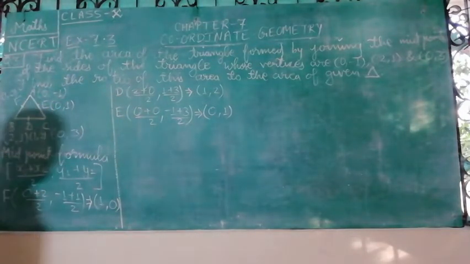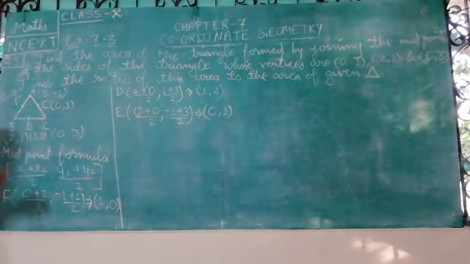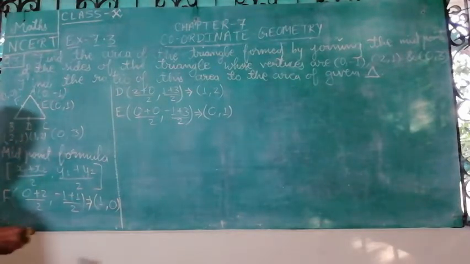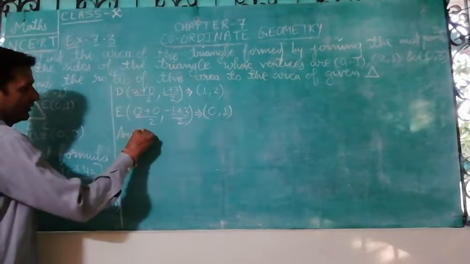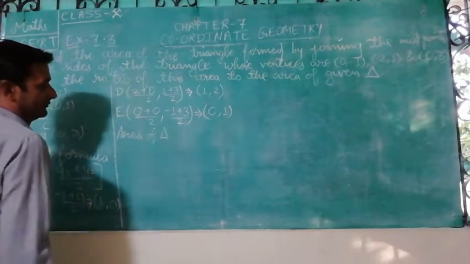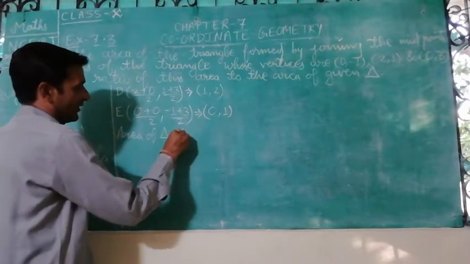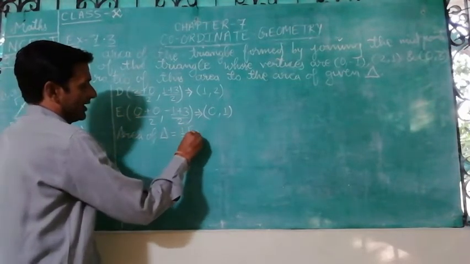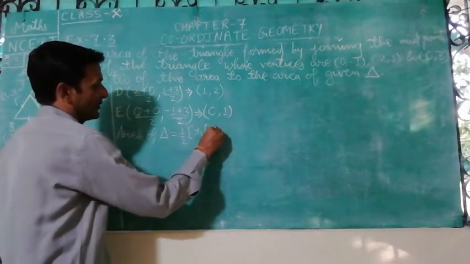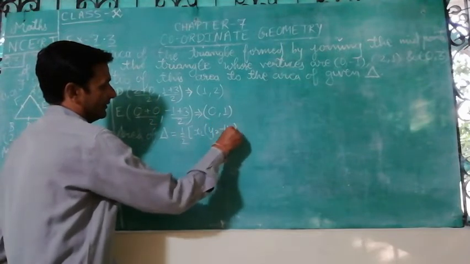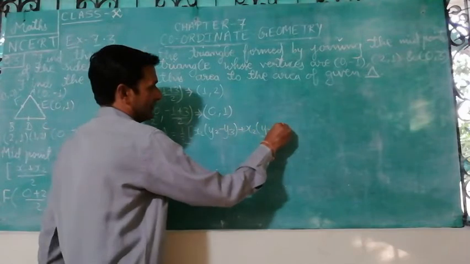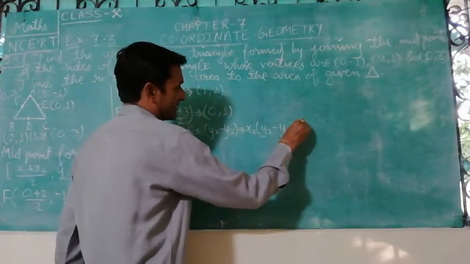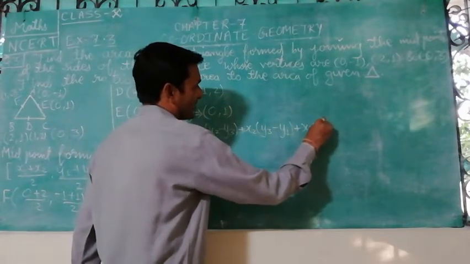Now we may find the area of triangle DEF first of all. So the area of triangle formula: area of triangle is 1/2 [x1(y2 - y3) + x2(y3 - y1) + x3(y1 - y2)].